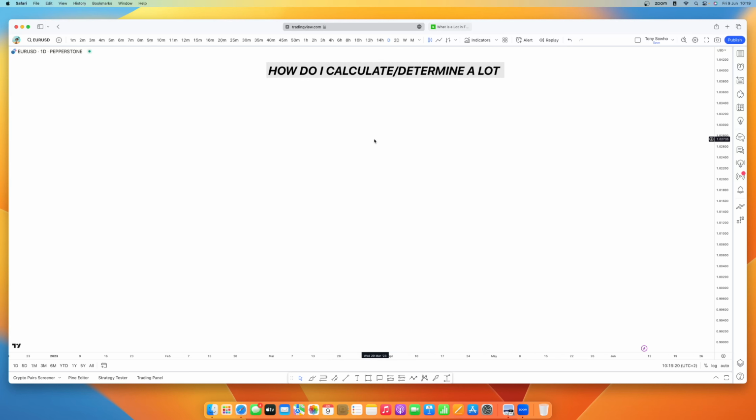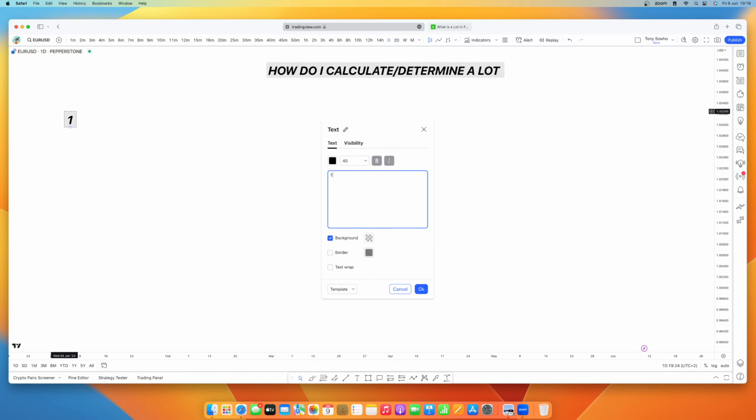Now, you need these things. First, number one, know the amount you want to risk. Number two, know the value per pip of the currency you want to trade.